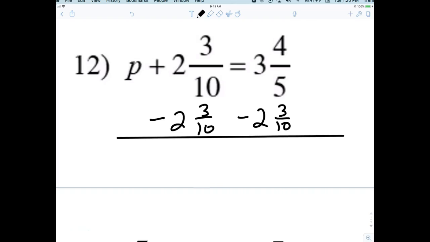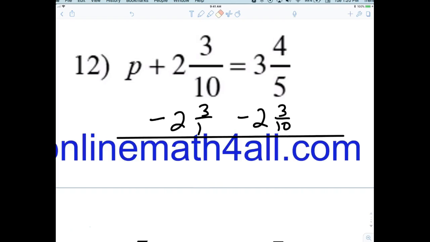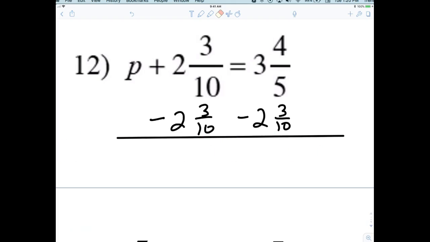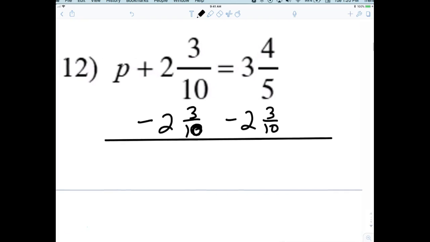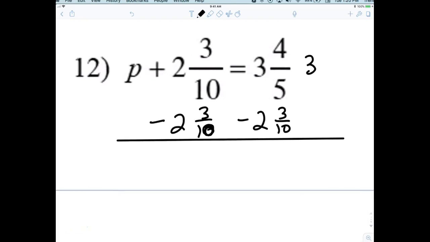All right, now what do I have? I just want to make sure we see this. This is a 10 here. So now I have to get a common denominator. The common denominator is 10, so I have to multiply the top fraction by 2. Carly, you still with me? Now I have 3 8/10 minus 2 3/10.